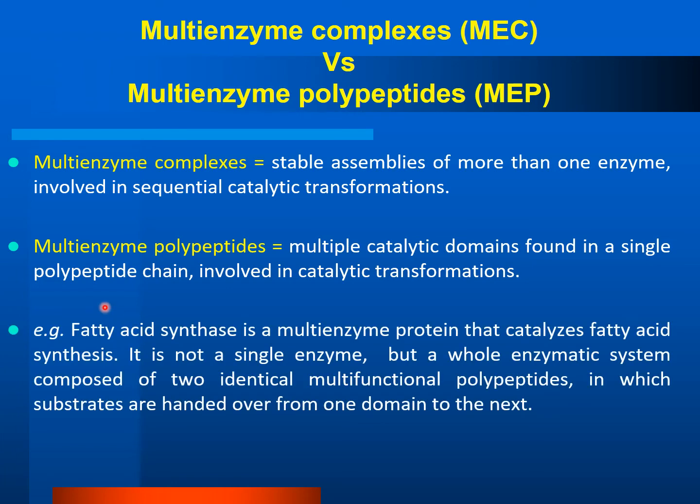For example, fatty acid synthase is a multi-enzyme protein that catalyzes fatty acid synthesis. It is not a single enzyme but a whole enzymatic system composed of two identical multifunctional polypeptides in which substrates are handed over from one domain to the next.